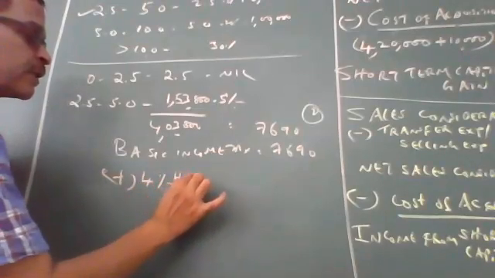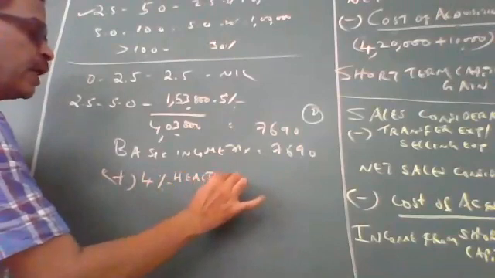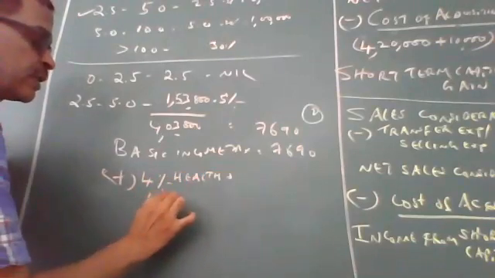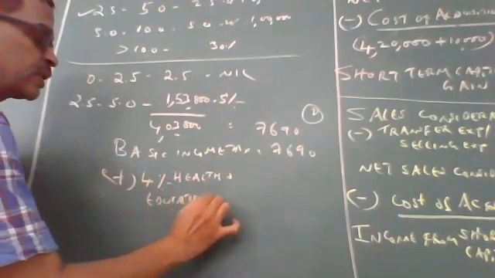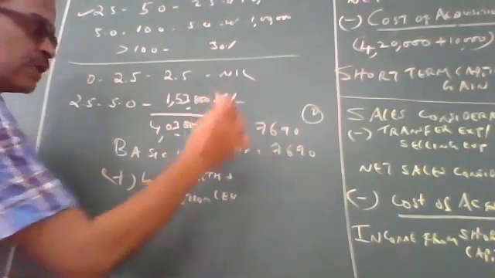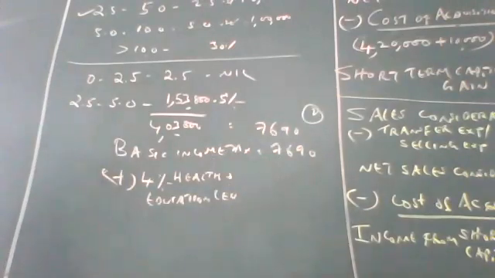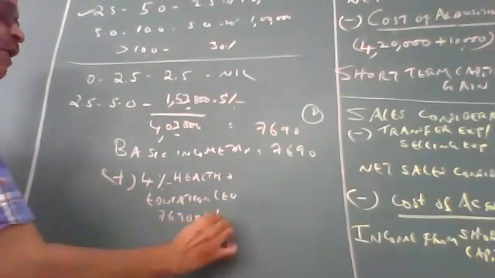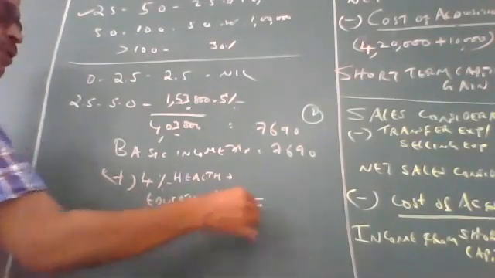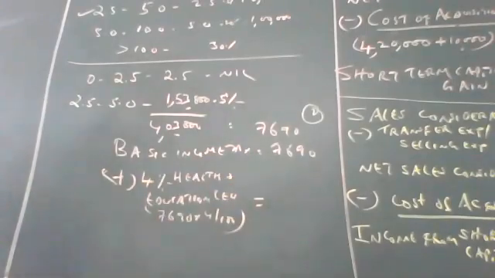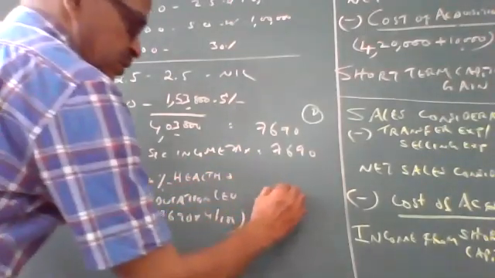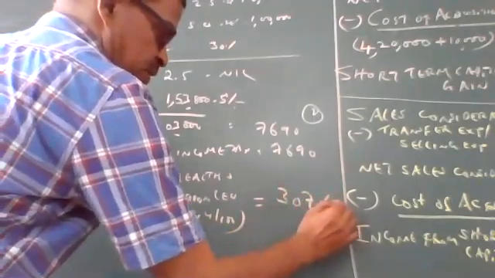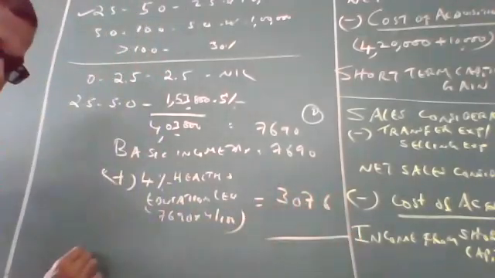Health and education cess. 4% on 7,690. How much does it come to? 7690 into 4 divided by 100 comes to 307.6. Okay, 307.6.